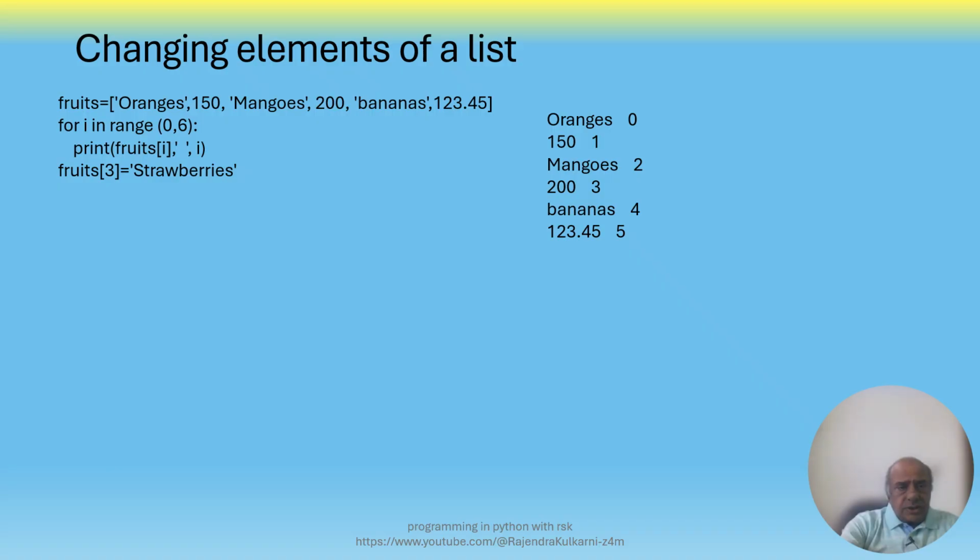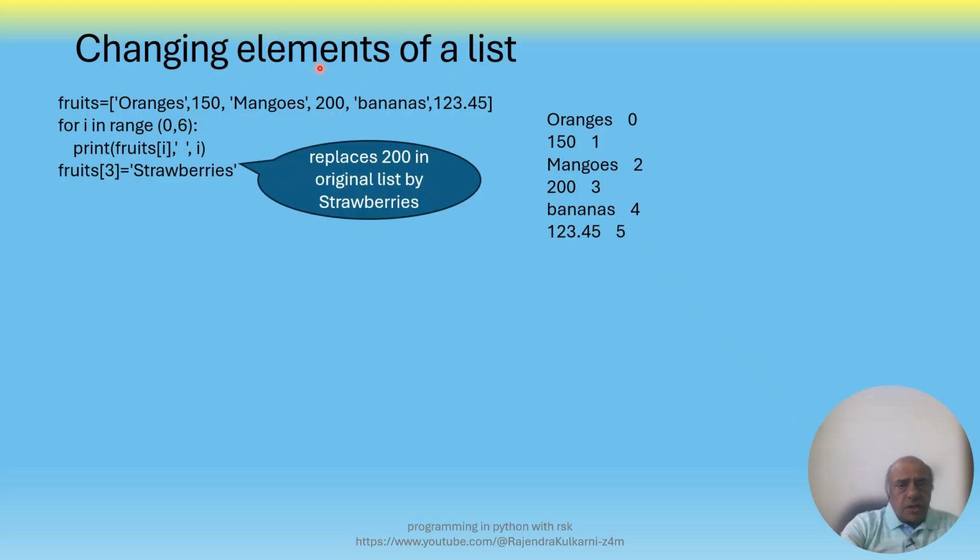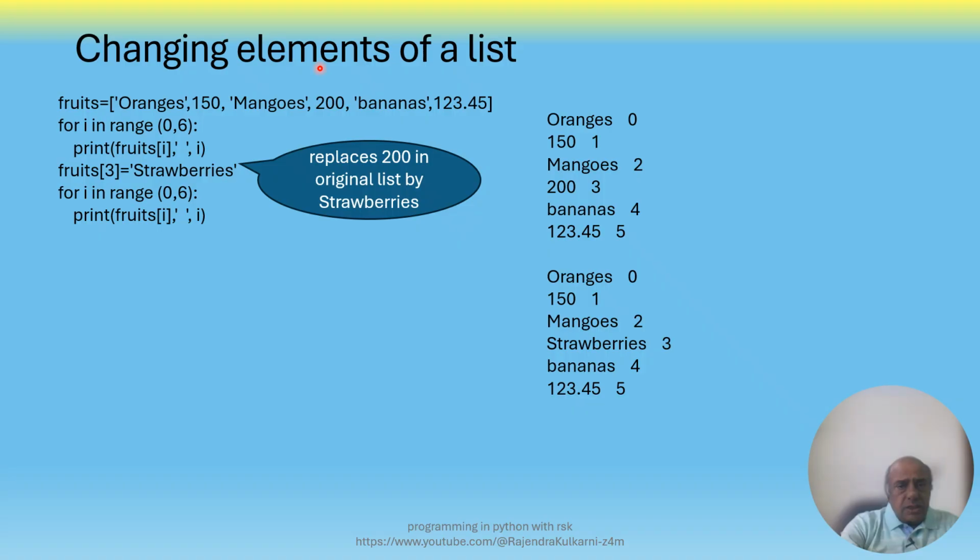Now fruits 3 is equal to strawberries. This is what I am doing. The item appearing at index 3, which is 200, will be replaced by strawberries now. It replaces 200 in the original list with strawberries, and we get the output where 200 has been replaced by strawberries.